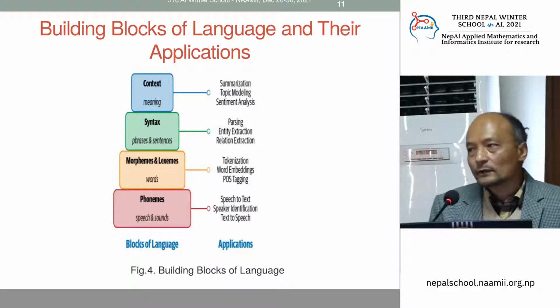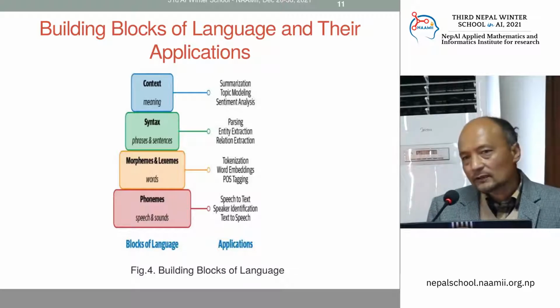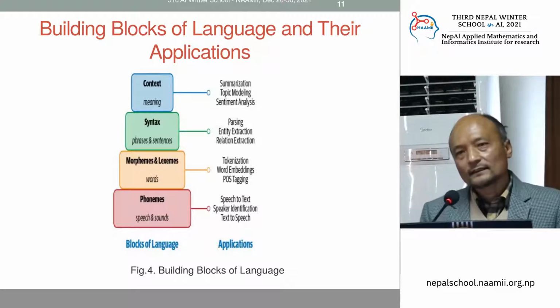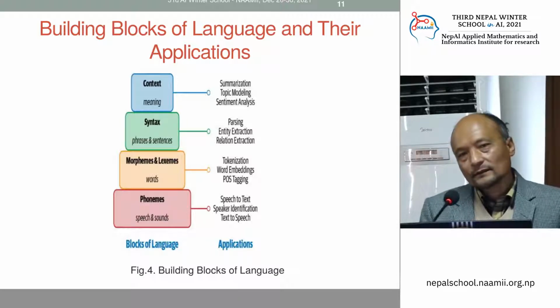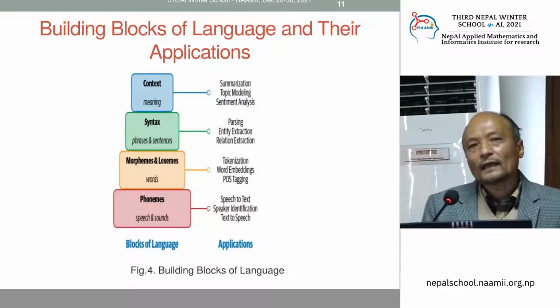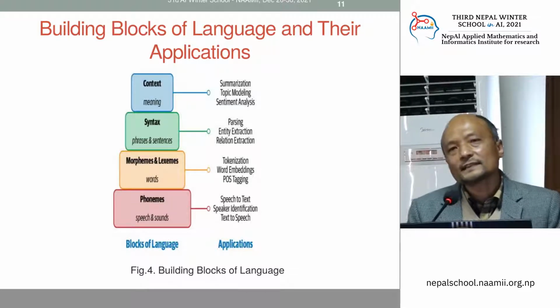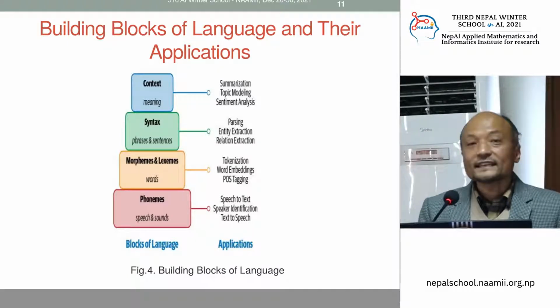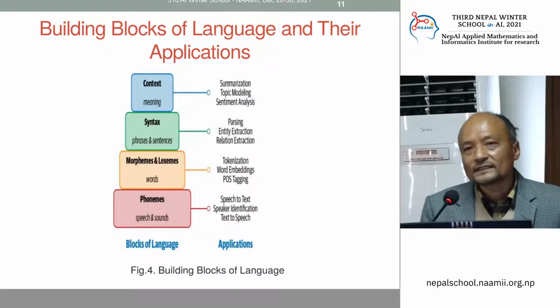Later in the slides, when we discuss the challenges of natural language processing, we'll see that ambiguity is one of the challenges. Natural language is full of ambiguities. We humans do a lot of parallel processing. We have common sense as well as world knowledge, and that makes it easier for us to resolve these ambiguities.